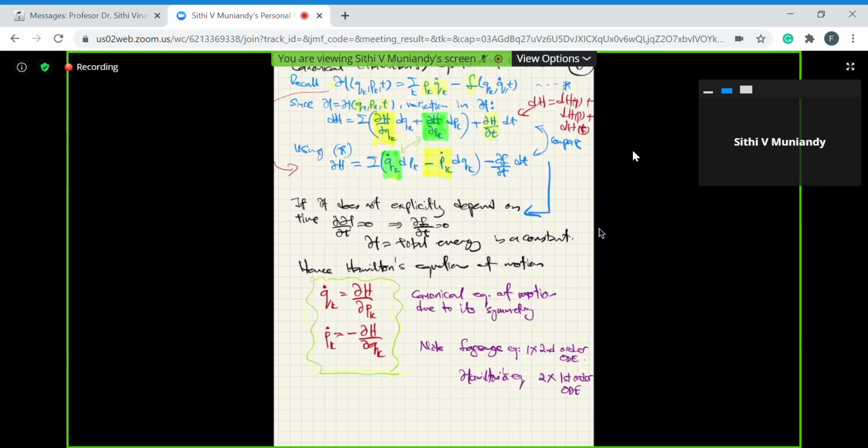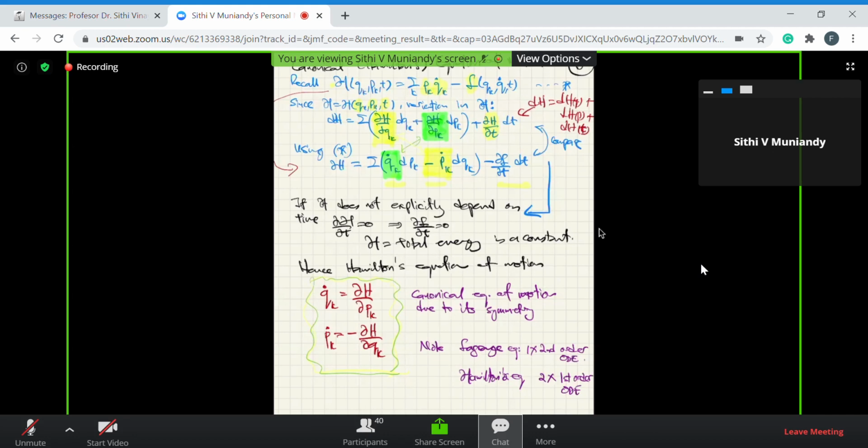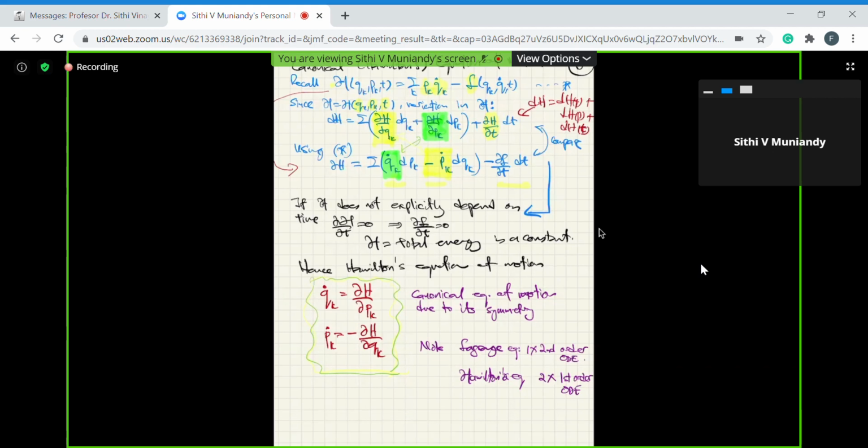That's why you have this expression, and this expression. Combining, comparing these two, if you compare this term, and this term, and this term, this is where you obtain the equation of motion that I underlined here.